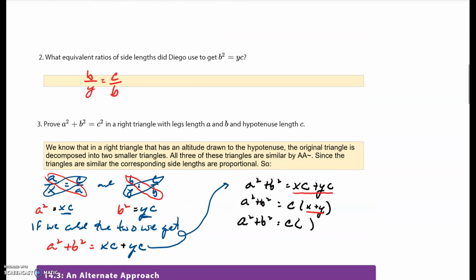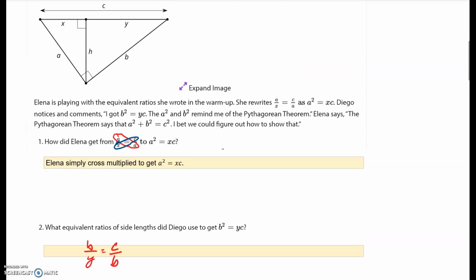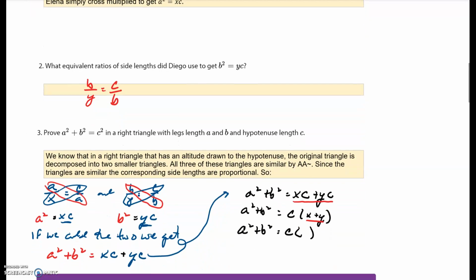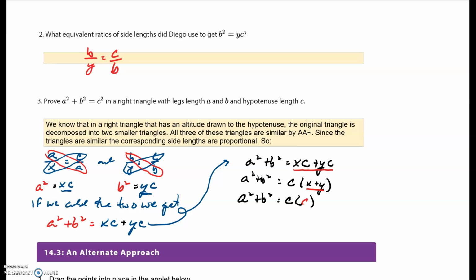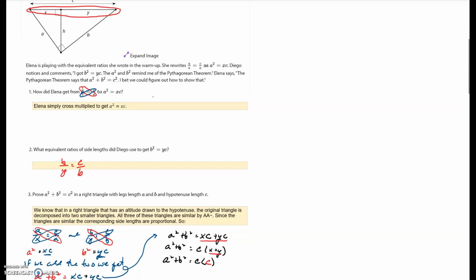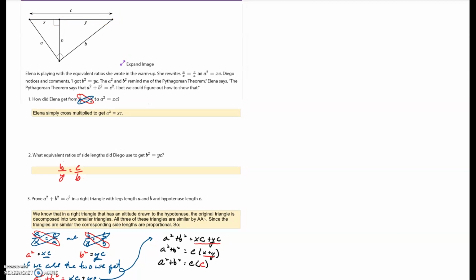If we go back to our original triangles, notice that my x plus y, that length, equals c. Notice up here at the top, this x plus y is equal to the length of c.